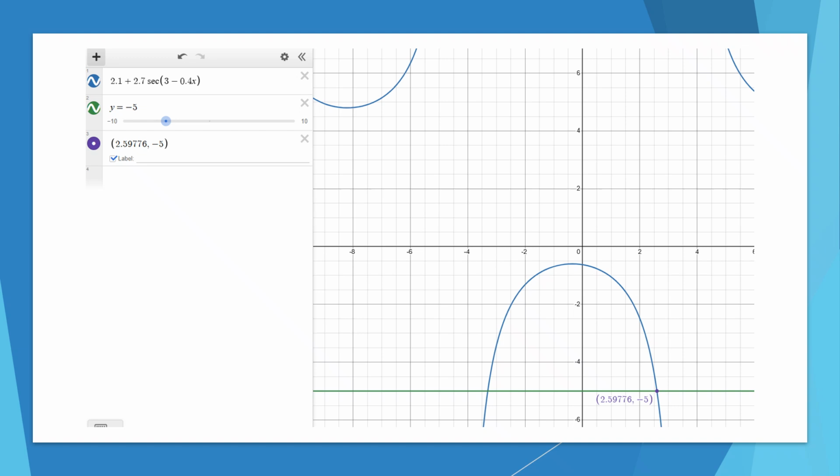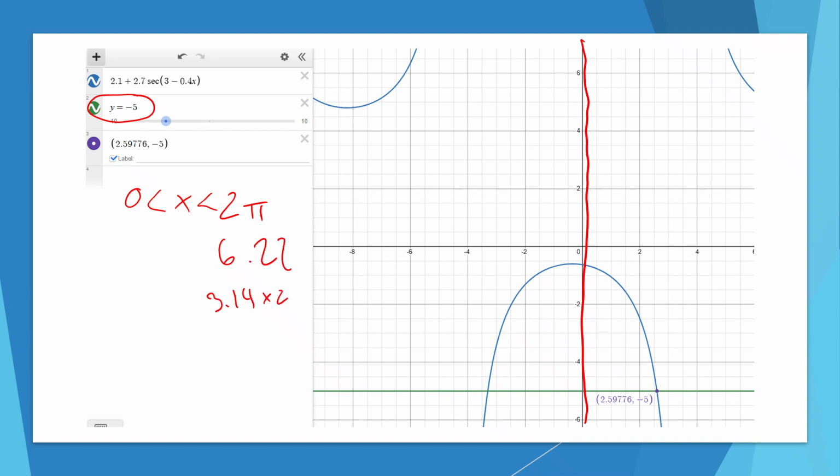So this is what it should look like in Desmos. Here we are graphing the equation. That's our equation in blue there. And then at y equals -5, we're looking for x coordinates, and we're looking from 0 to 2 pi. So you could either type that in and it would shade it, or just know 0 goes here, and then 2 pi is around 3.14 times 2, so it's around 6.28.